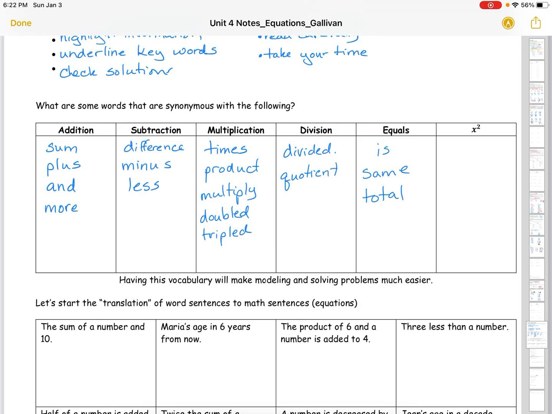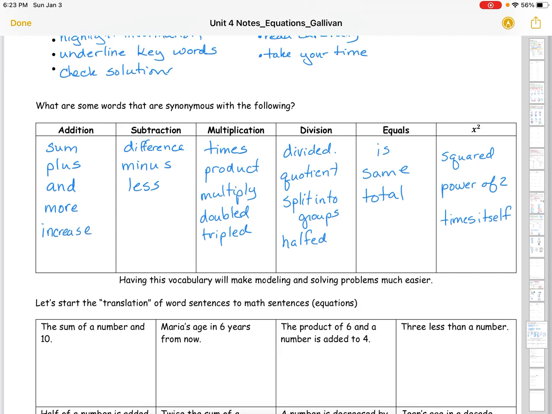Divided, it could be called a quotient, or split into groups, or halved, right? And x to the power of 2, we could say squared. Power of 2, I've just said it, right? Times itself. Lots of different ways that we could say this, right?